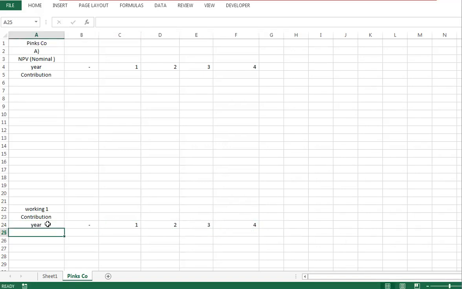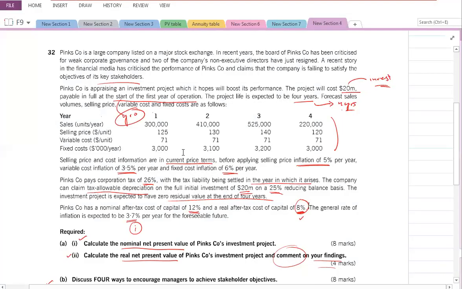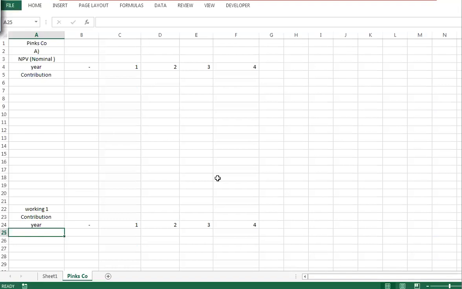Now we are given the selling price per unit, which you can see in the question is not the same every year, it's different, right? It's 125, 130, 140, and 120, and it needs to be inflated up also because we are doing money analysis, right? Now, the way I prefer to do it, I'll do it for this first cell, so selling price per unit.